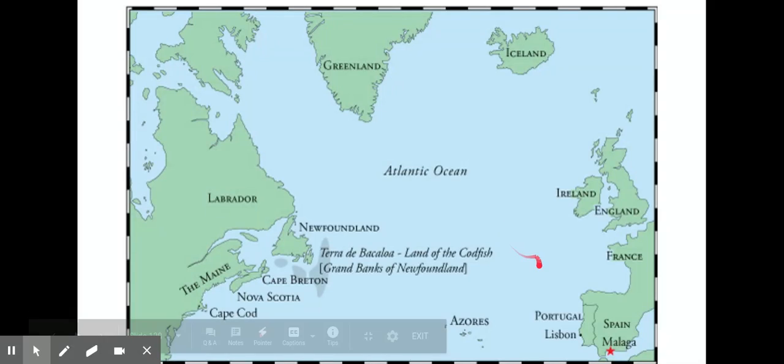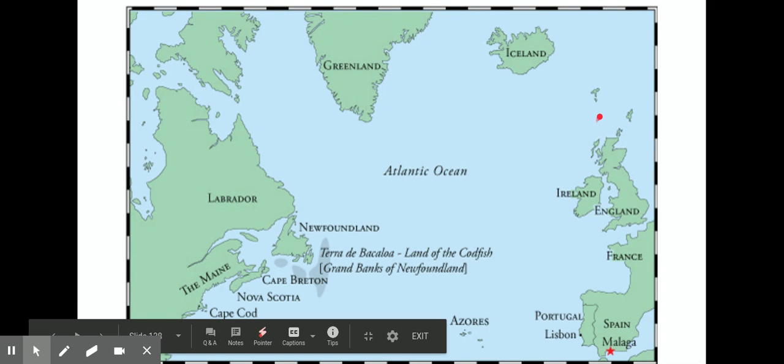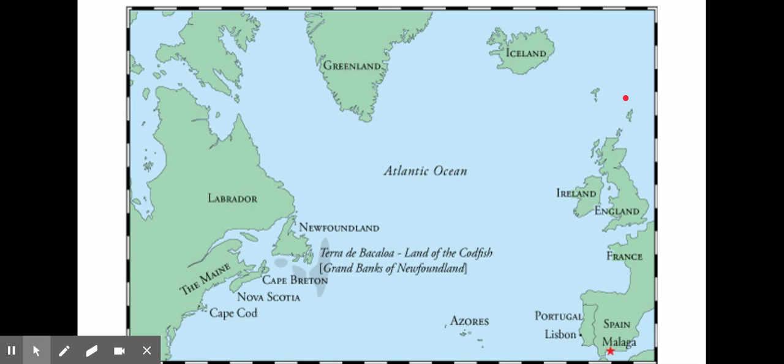After Columbus in 1492, over the next 100 years, there are going to be many different explorers traveling across the Atlantic, looking for a water route to Asia, and then later looking to claim lands in North America or South America, even more South America, I guess.